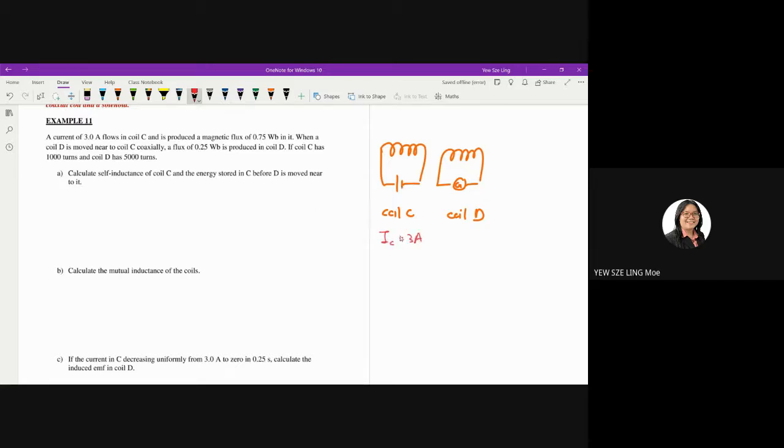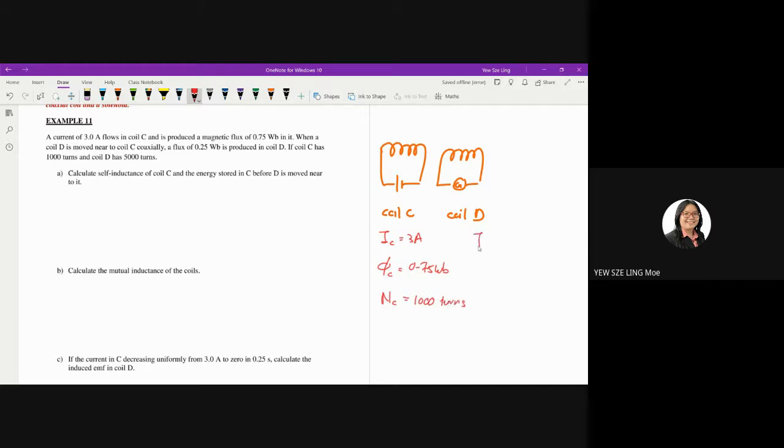Now, when it comes to two coils, that is how I like to do it. I draw a diagram and then I put the information about them below the coil so that you can see which information belongs to your primary coil and which one belongs to your secondary coil. So the flux across C is 0.75 Weber, and NC is equals to 1,000 turns.